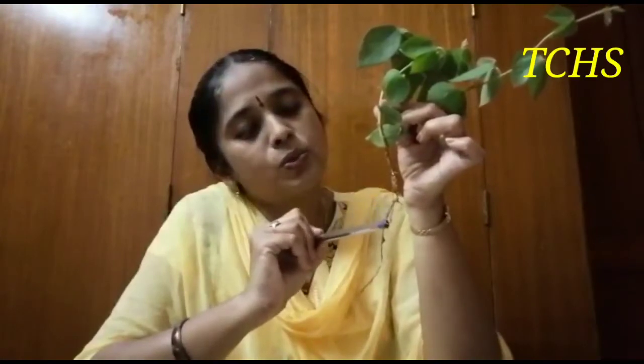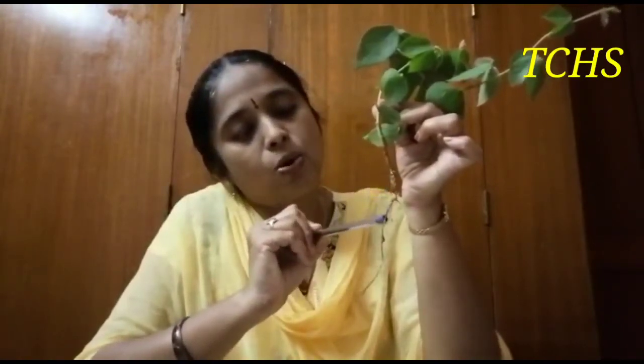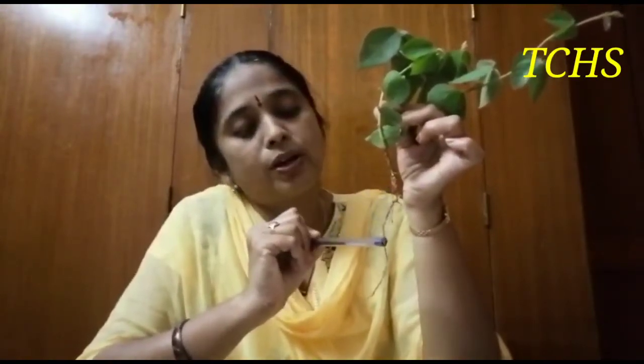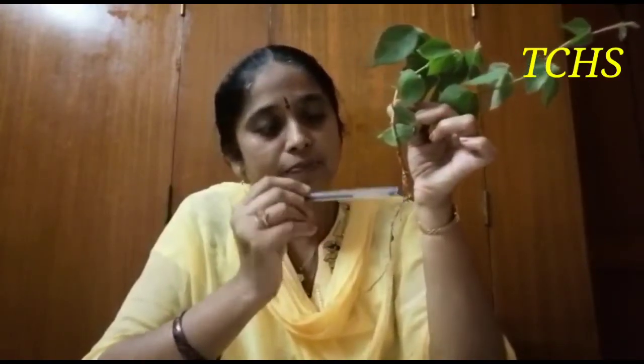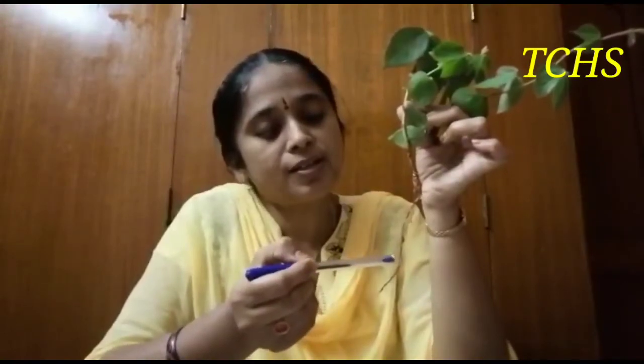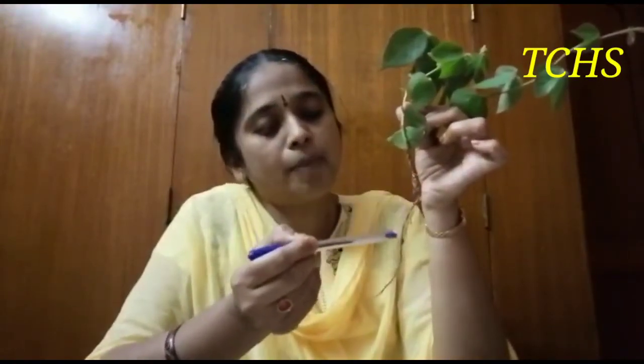And small roots will be there. This long root is the main base from the stem, and this root will grow from the seed. So this long main root is called a taproot.